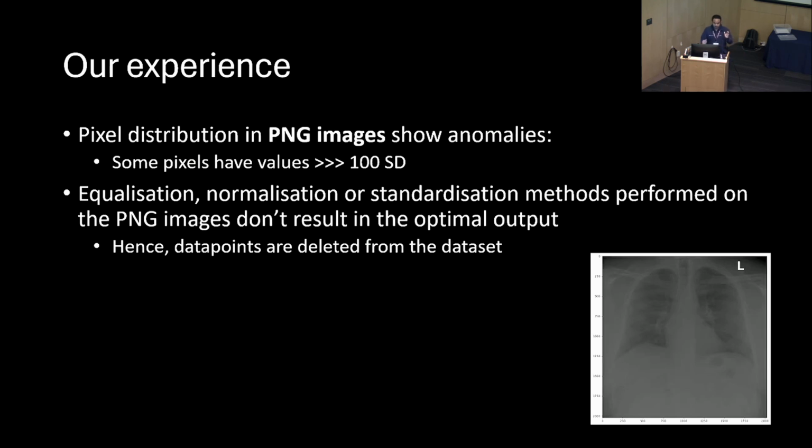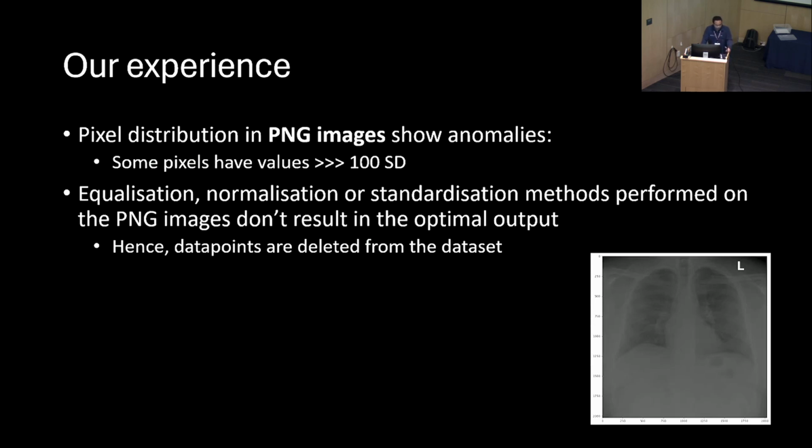If you were to see the histogram, it might have a distribution like the one in the middle, but there are some pixels that are very, very high on the bright side or even on the low side. We tried various techniques such as equalization, normalization, and standard processing methods on these PNG images, but it did not produce optimal results.